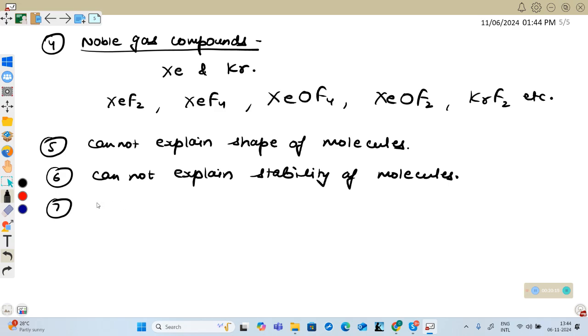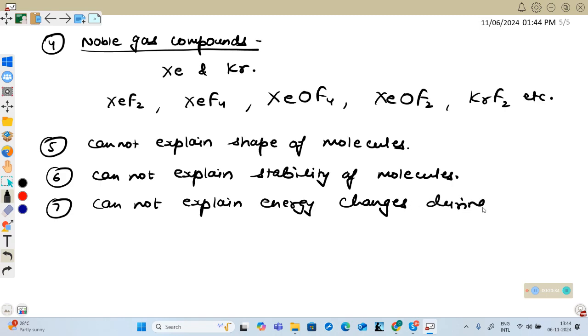It cannot explain the energy changes taking place during bond formation. Lewis and Kossel gave this octet rule theory, or octet rule you can say.